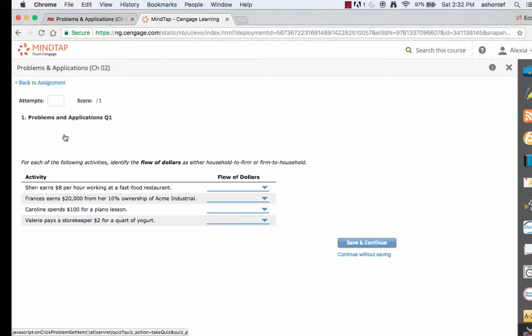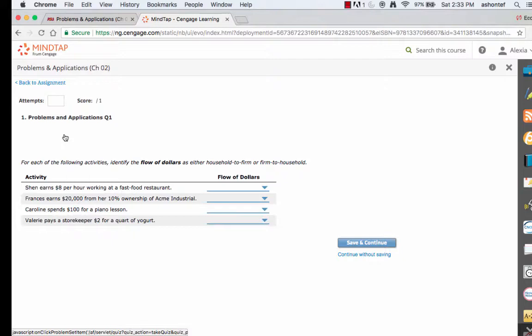But all the circular flow diagram is doing is simplifying the economy by two types of decision makers in the very simple circular flow. And that's the firms and the households. So remember, firms are the ones that produce the goods and services, and we use the inputs such as the land, labor, and capital to do that. And then those inputs, the land, labor, and capital, are also known as the factors of production.